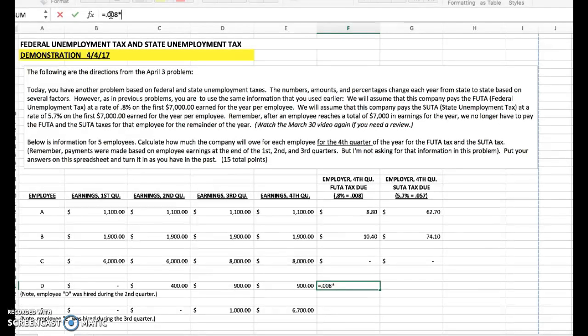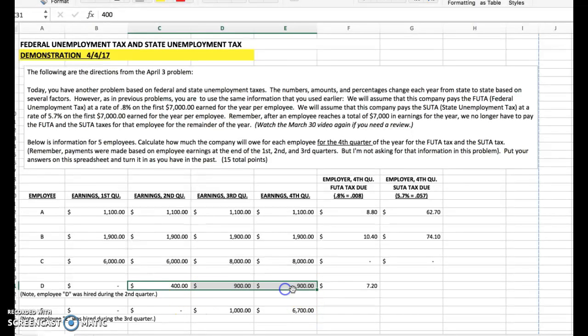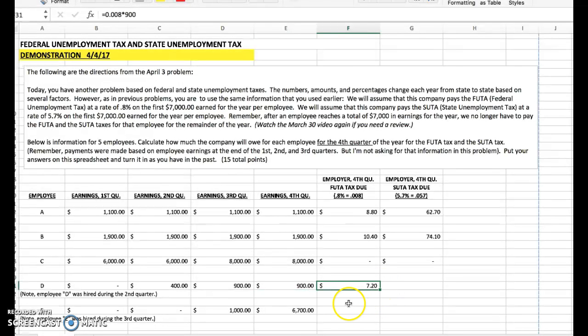We have to multiply 0.8% times the 900. That's how much he or she earned during the fourth quarter. So obviously nowhere near the 7,000. So we have to pay on the full quarter's earnings, not the yearly amount, but the quarter. So again, 0.008 times 900. This will be 0.057 times the 900, equaling $51.30.